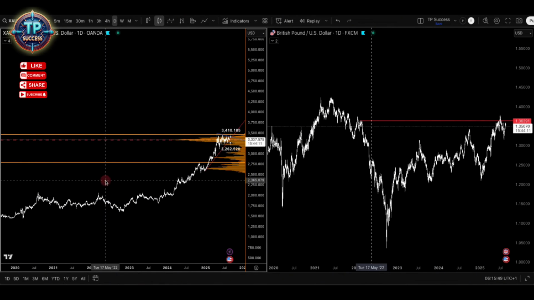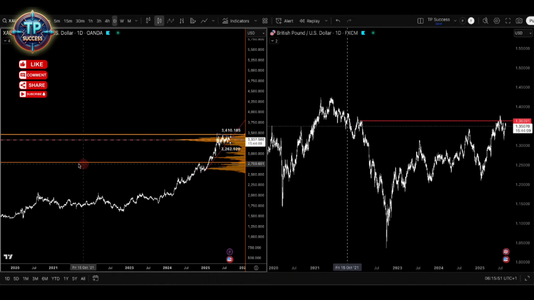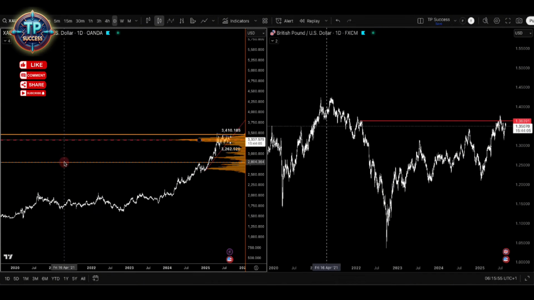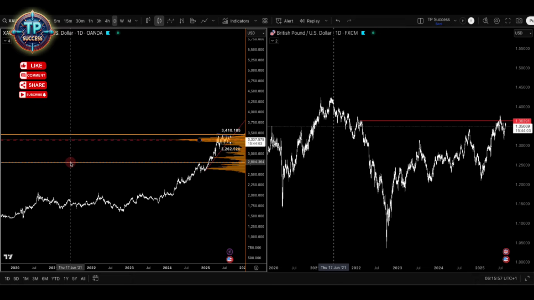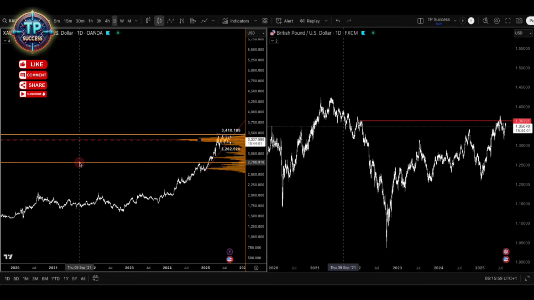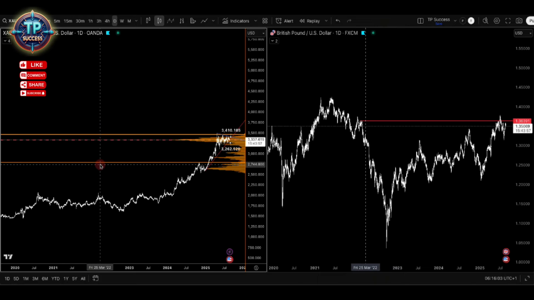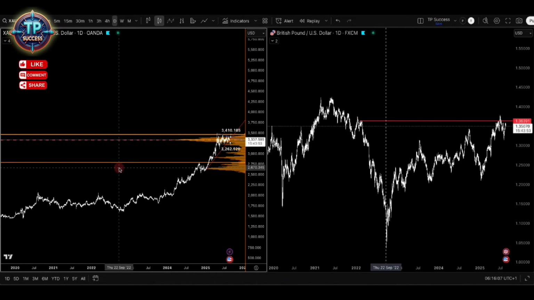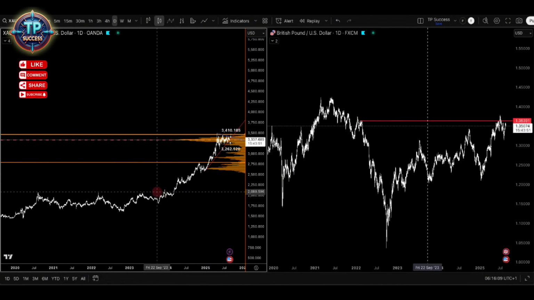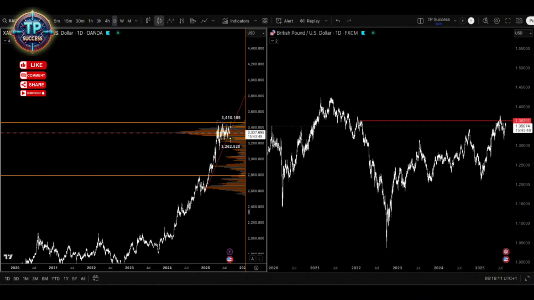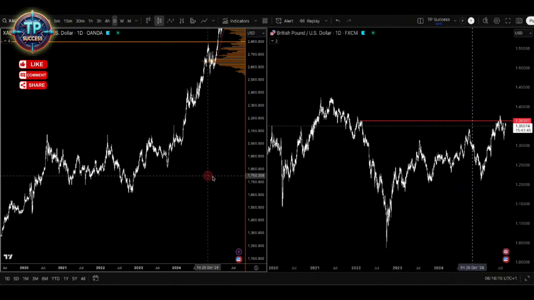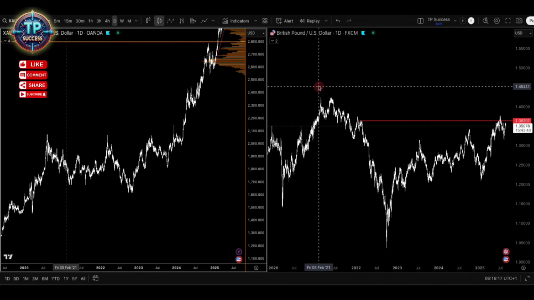So in a nutshell, GBPUSD, right? I'm just looking. It's kinda correlated, not heavily correlated, but it kinda is, right?